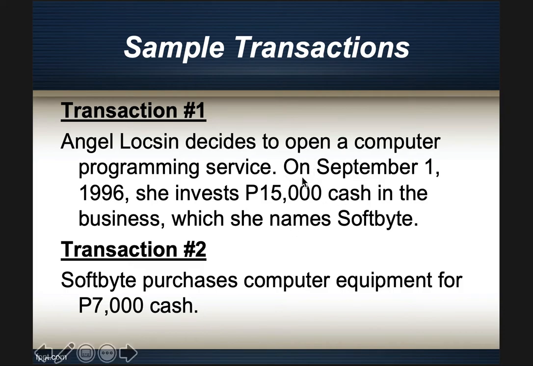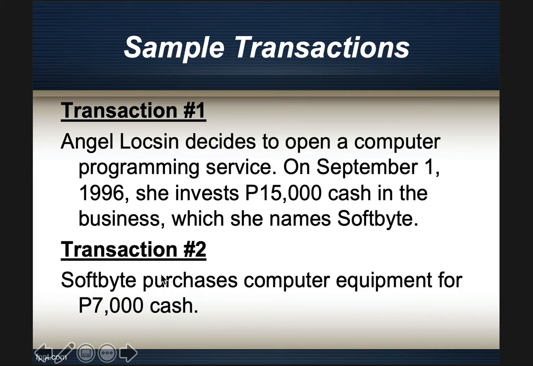So how are we going to put that in a journal? Remember that you have to use your knowledge of debit and credit. Here, what are you going to debit? Since your asset cash increased, you have to debit, and capital has a normal balance of credit. So debit cash here and credit capital. We will look at that in the journal later on. But just to recall, what are the accounts affected here?